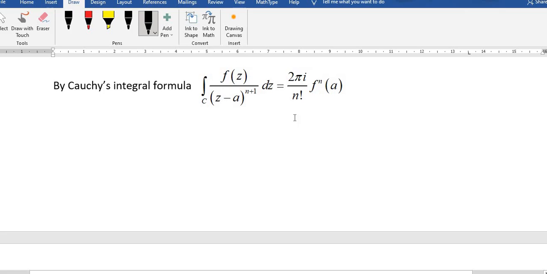This is Cauchy's integral formula: integration over C of f of z by z minus a whole power n plus 1 dz equal to 2 pi I by n factorial times f power n of a, that means the nth derivative of f at a. In this case a equal to minus I pi, f of z equal to e power z, n is 0. 0 factorial is 1, and the 0th derivative of f at a is f of a only.